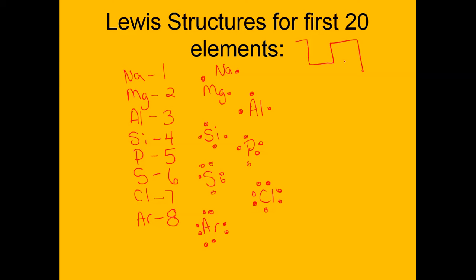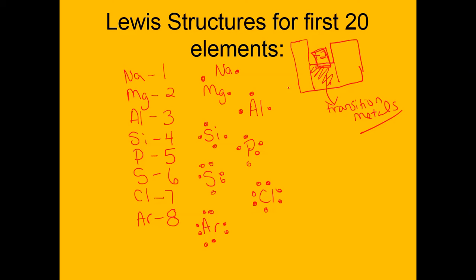Remember, we said we skip this middle section right here. All those elements in that section, we generally call them transition metals. You'll come back to that. You don't need to know that today, but we'll come back and talk about what that means at a later date. But they're considered generally to have 2 valence electrons in their outer shell.